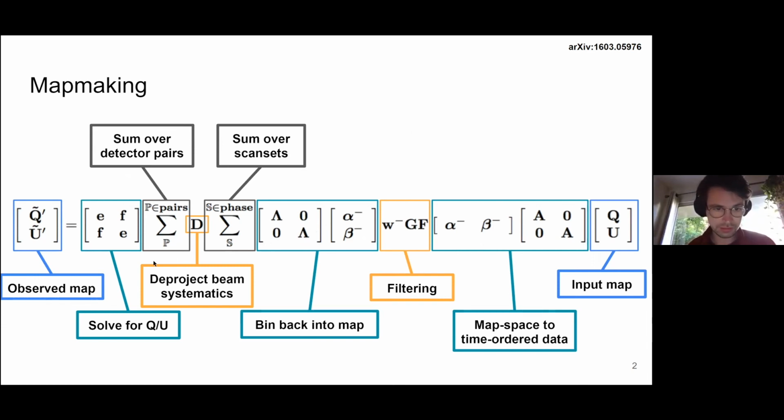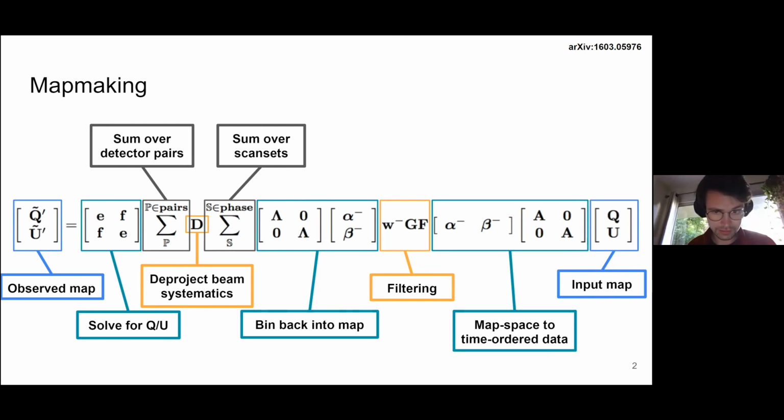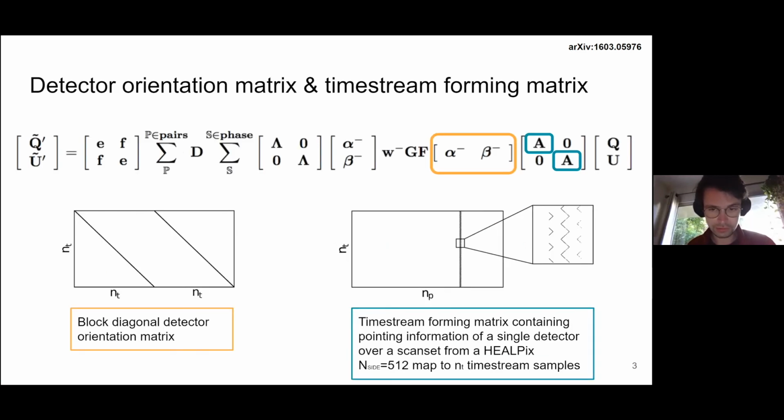So there are these two operators here in orange, which make this matrix complex. First of all, there are these pointing matrices forming time-ordered data, and this matrix here forming these pair difference time streams Colin was mentioning.